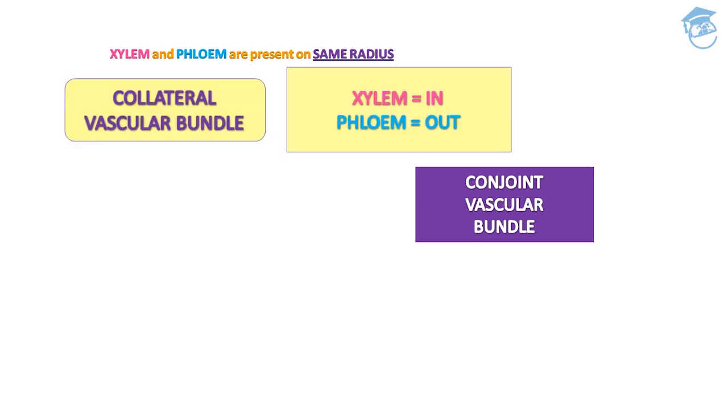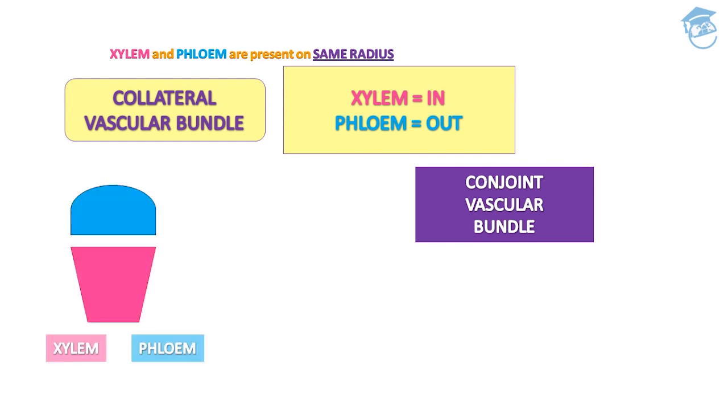Now comes the conjoint vascular bundle. I repeat, conjoint vascular bundle. So xylem and phloem are present on the same radius. That's why they are called conjoint, because they are present on the same radius. So this is collateral vascular bundle, wherein xylem is present inside and phloem is present outside. See, this is xylem and this is phloem.